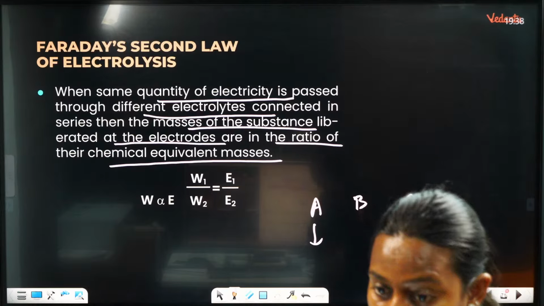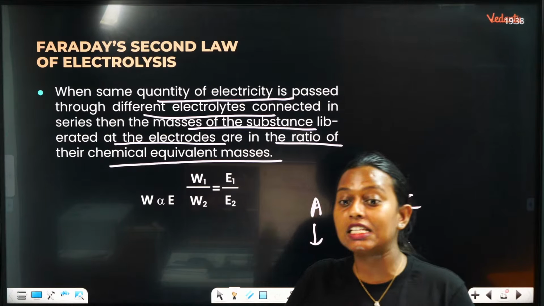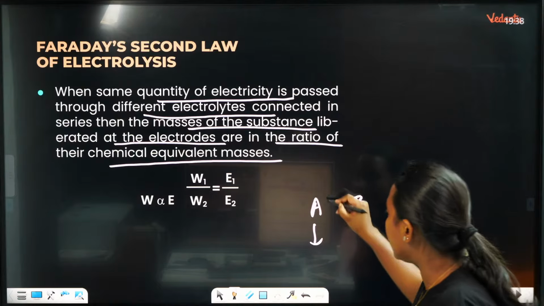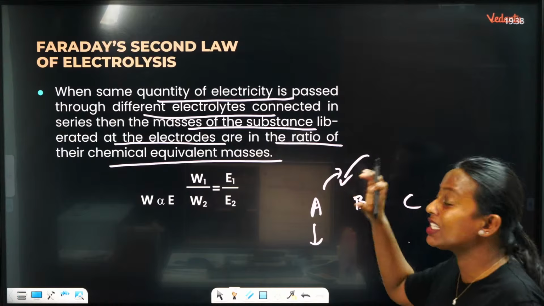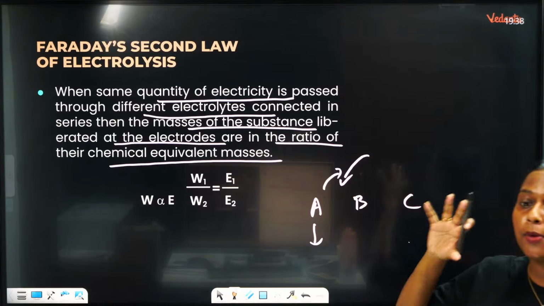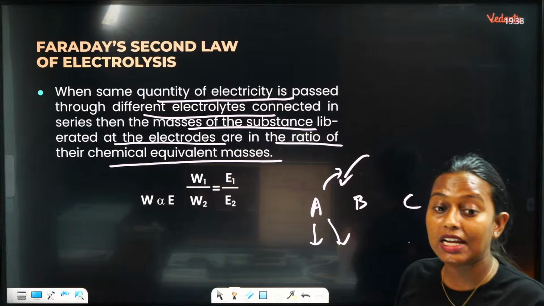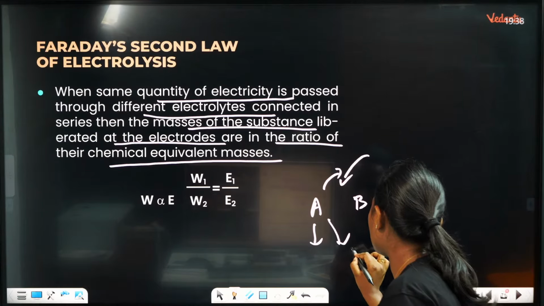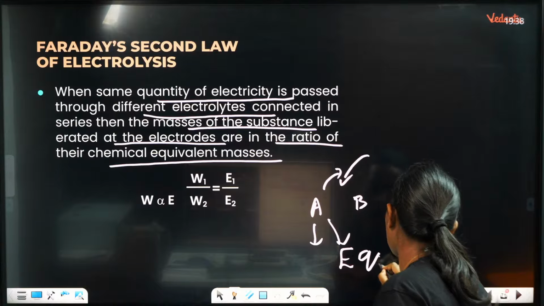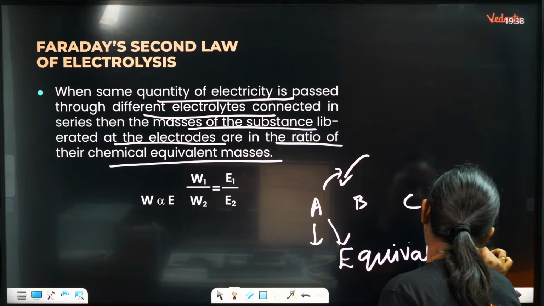Then the liberated or deposited substance is directly proportional to the equivalent mass of the substance. So I am writing: directly proportional to equivalent mass of the substance.